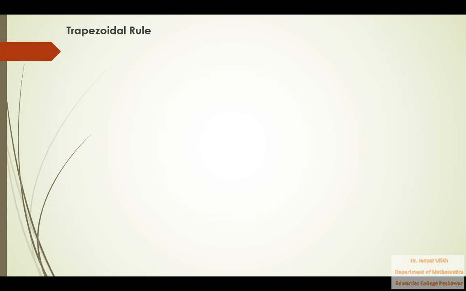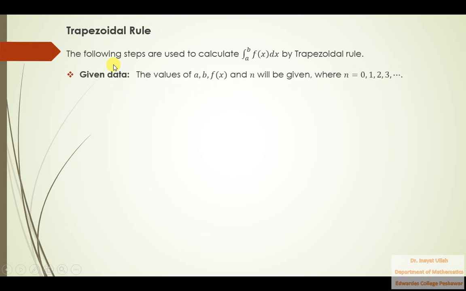What is the trapezoidal rule? The basic steps for calculation of this definite integral by the trapezoidal rule are as follows. The first one is you'll be given some data.